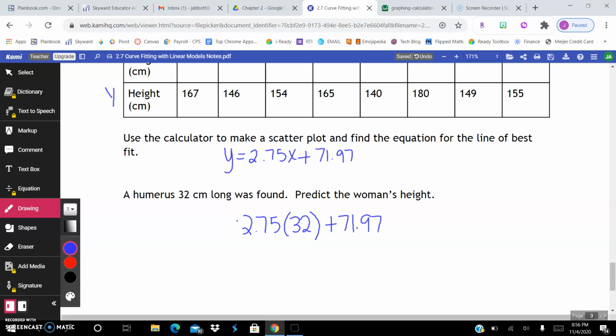And when I type that into my calculator, I get an answer of about 159.97. So this woman with a 32 centimeter long humerus bone is almost about 160 centimeters tall.